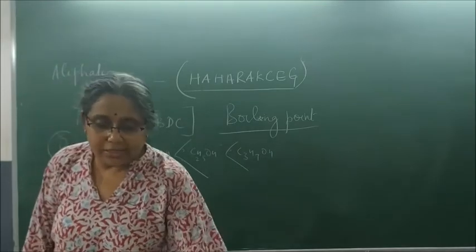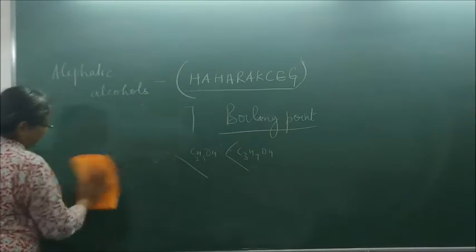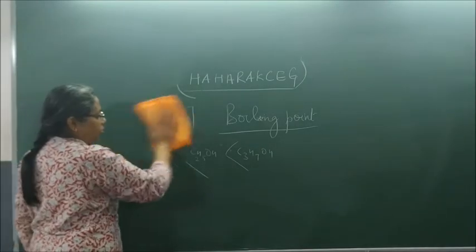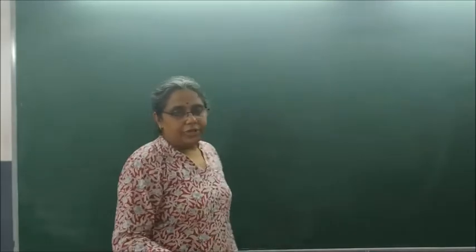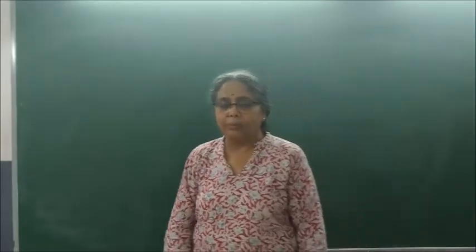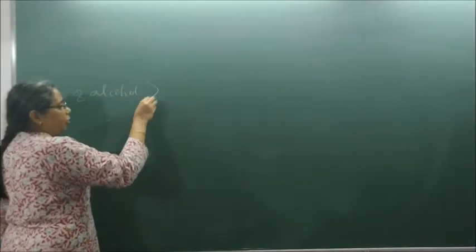Now what does this term mean? If I take an alcohol or phenol which has nearly the same molecular mass, then you will find that the boiling point of alcohol will be more than the rest of the compounds.